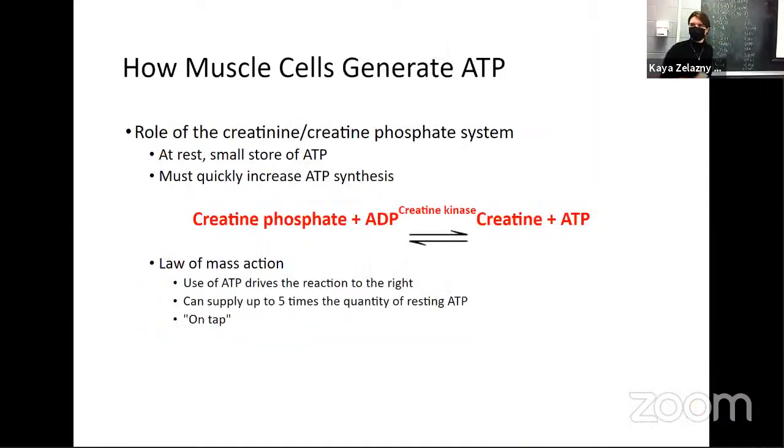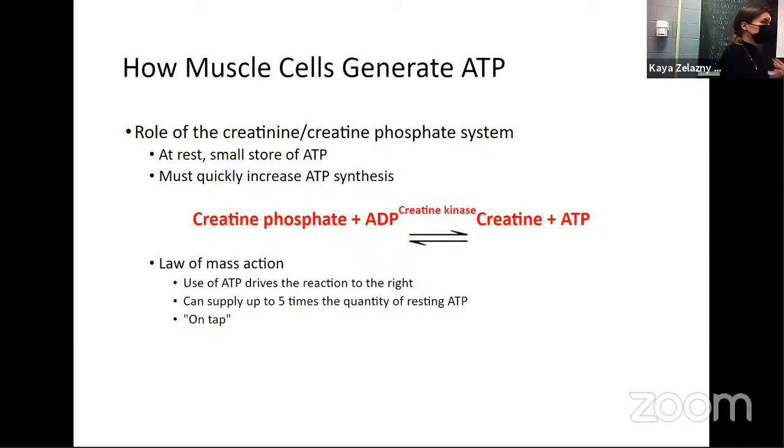Okay. So we're going to talk about the creatine phosphate system. So this looks different than the metabolic pathways we've been talking about. But what we want to know here is, our cells at rest do have some ATP in them, right? They're not totally empty of ATP on the daily, but they don't have a lot of ATP.